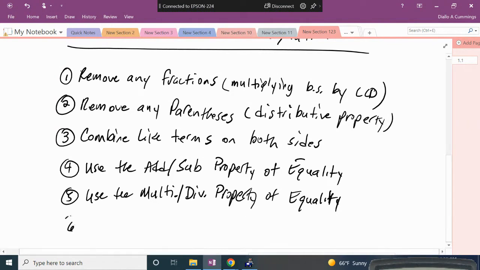And then the sixth step is to check. Check your solution. So we're going to use these 6 steps to solve a linear equation.